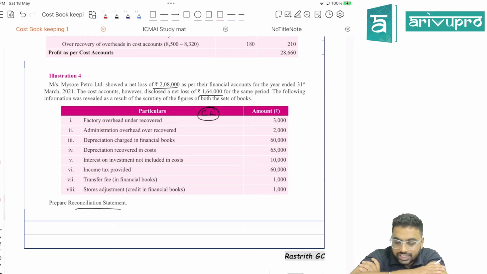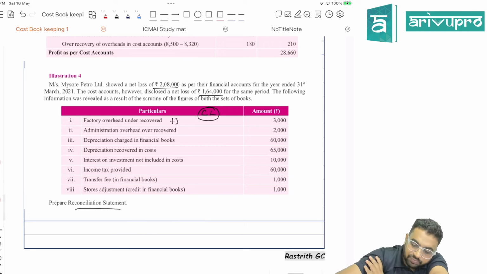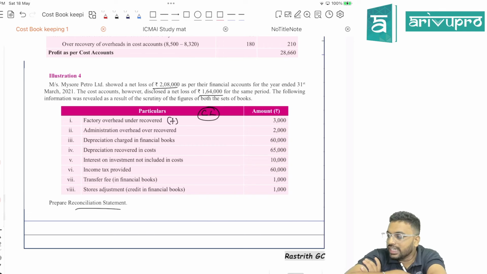More expense, more loss. So what you should do, sir? You should increase your loss by 3,000. Because you showed less expense, because of which less loss. So now increase 3,000. Increase 3,000 to 208 or 164, sir? 164,000, because our starting point is costing loss. Yes, sir.